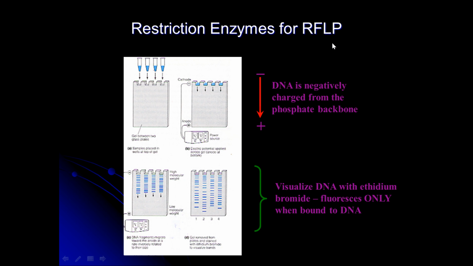When we run the gel, the fragments separate according to size. DNA is negatively charged from the phosphate backbone. Visualize DNA with ethidium bromide, which fluoresces only when bound to DNA.